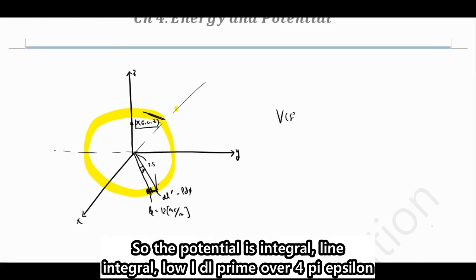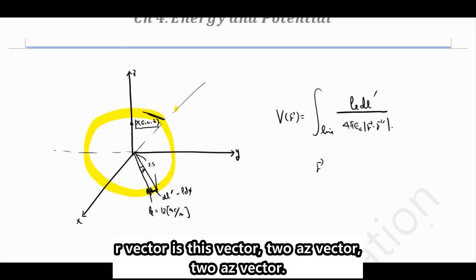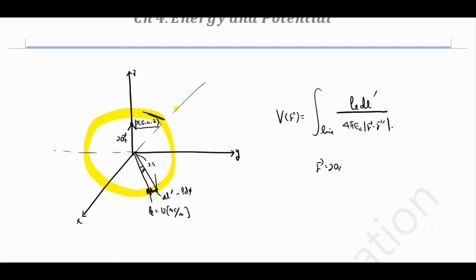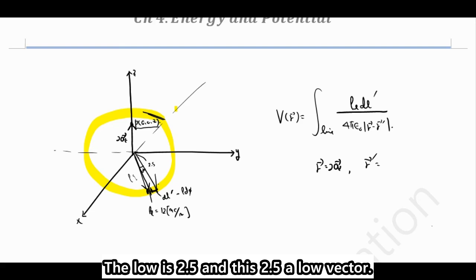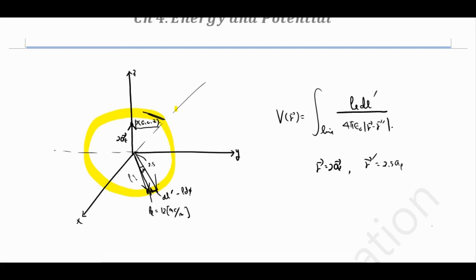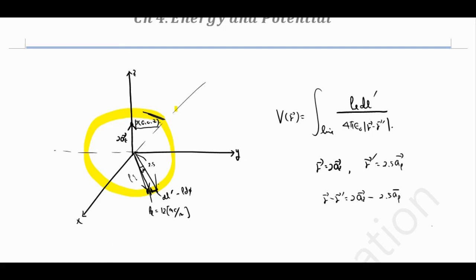So the potential is the line integral of rho L dl prime over 4 pi epsilon 0 times the magnitude of r vector minus r prime vector. R vector is this vector, 2 az vector. The source position vector is rho a rho vector, but rho is 2.5, so it is 2.5 a rho vector. R vector minus r prime vector is 2 az vector minus 2.5 a rho vector.